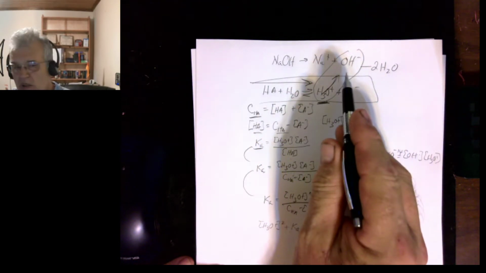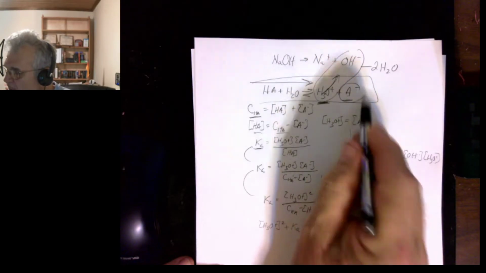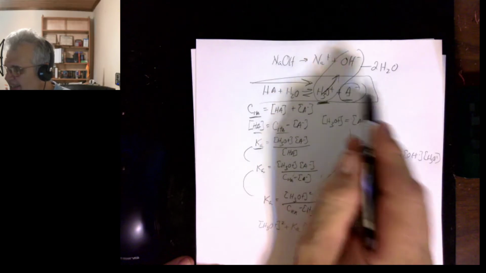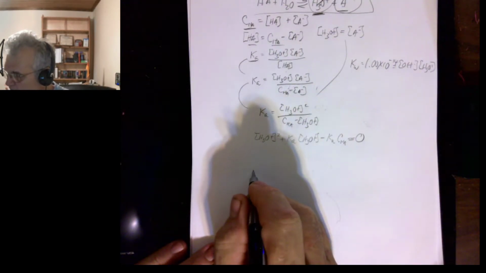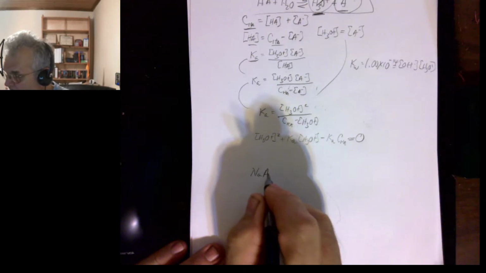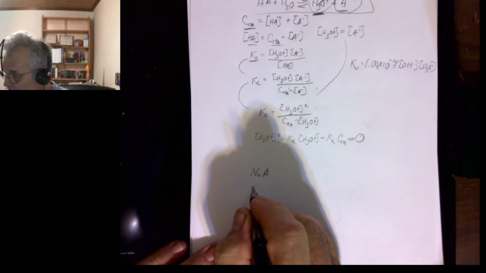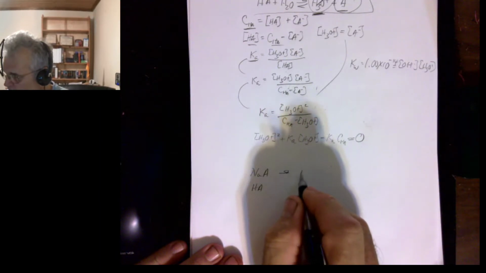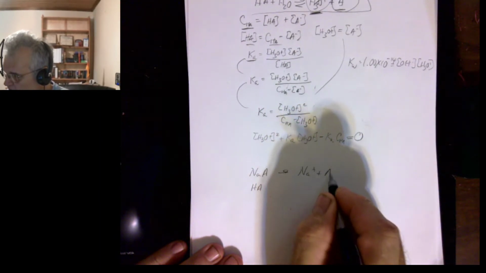So for every mole of hydroxides added, I create a mole of A-. And since I also have sodiums, that's exactly the same situation as if I had a solution made up of NaA and my HA, right? Because NaA is going to give me Na+ and A-.